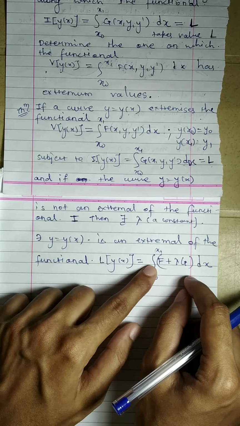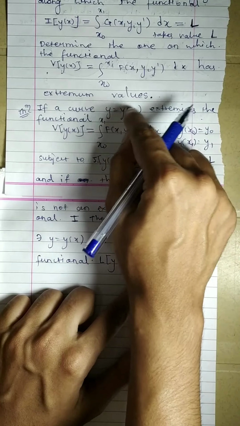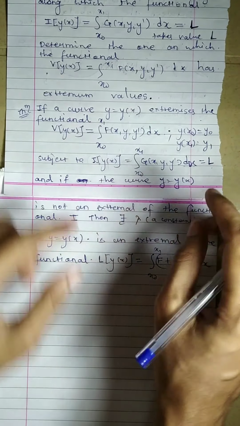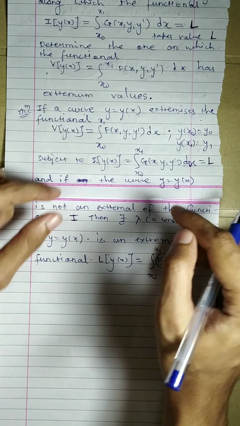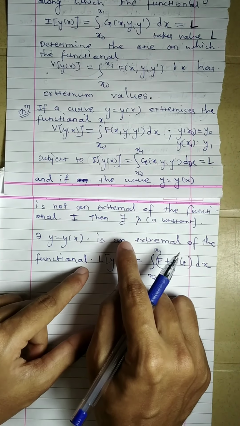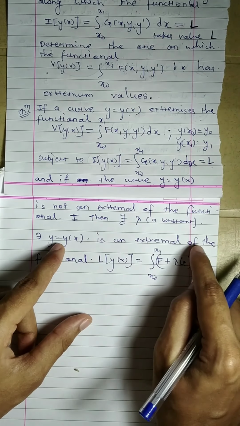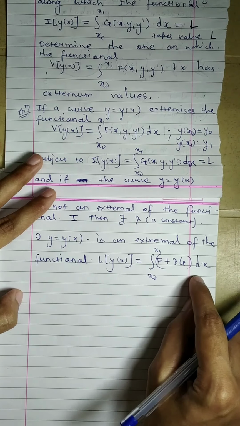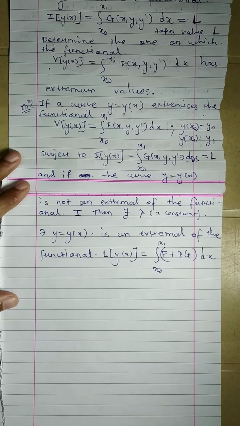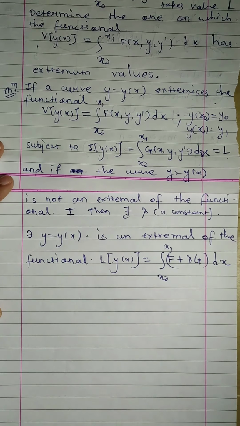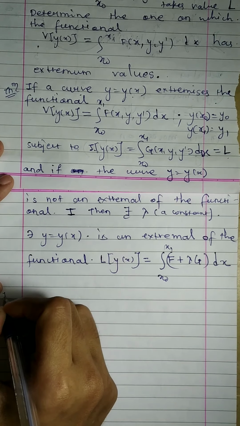So if this y of x is the curve which is satisfying all these criteria, then there will exist one lambda, a constant, such that y of x is an extremal of this functional. We will not see the proof of this theorem, so let us take one example.